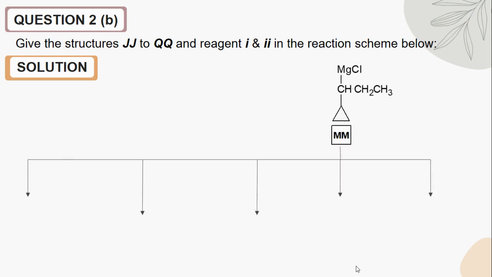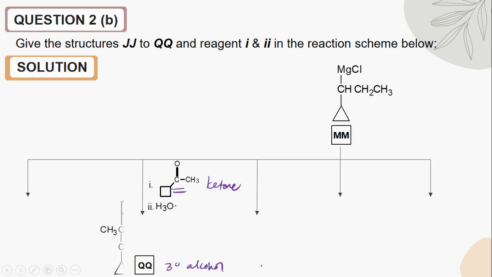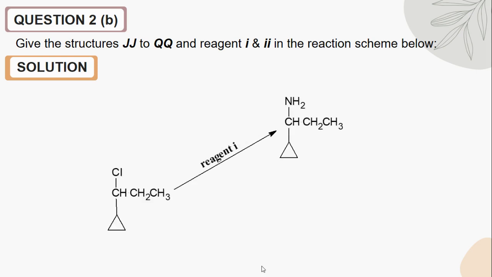Proceed, the same Grignard reagent when reacted with a ketone, followed by hydrolysis, will produce a tertiary alcohol. So this will be your structure of alcohol QQ, and this structure gives you 1 mark. And then last but not least, when your Grignard reagent, MM, reacts with reagent 1, it produces NH2.